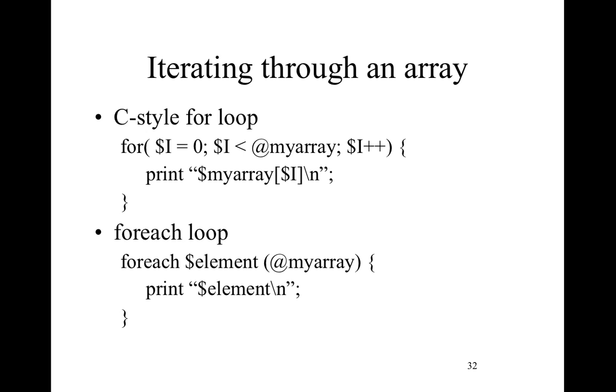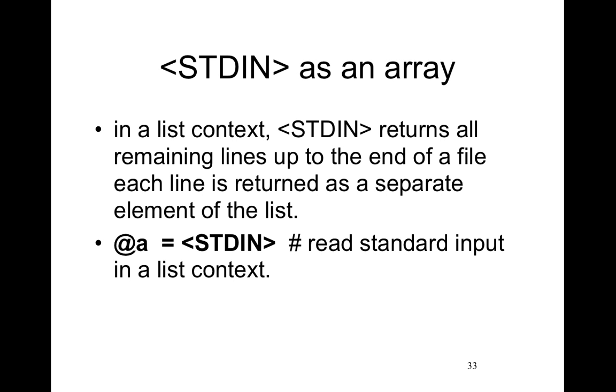So you get both, but in C you only get one of them. So we have an array of elements that comes through in standard input, as I was mentioning before. We could take the standard input and put it into an array, just by going @a is equal to standard input. So in a list context, the standard input returns all the remaining lines up to the end of the file. Each line is returned as an element in the list.